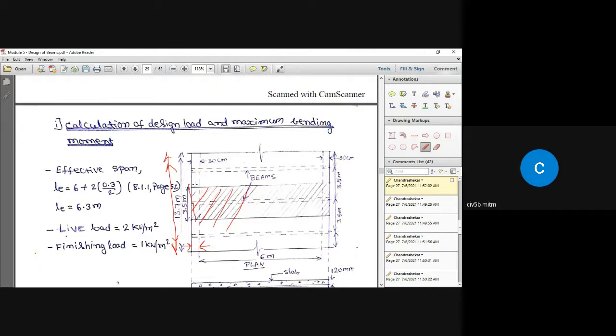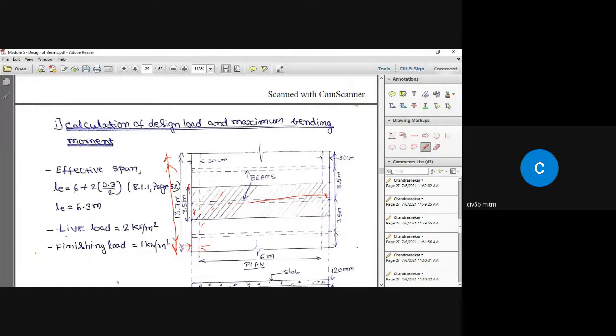That means this is a beam, the hall size is 6 meter. The support thickness, that is the wall thickness, is 30 centimeter. So from the center of the wall to the center of the wall is the effective span.